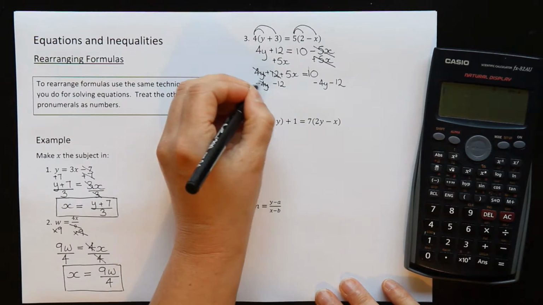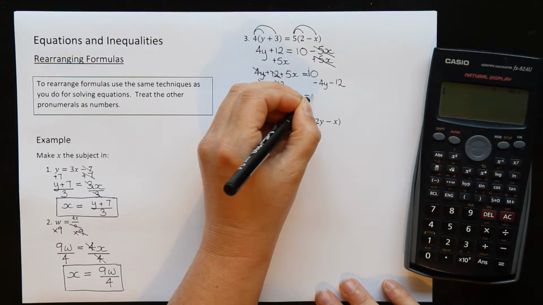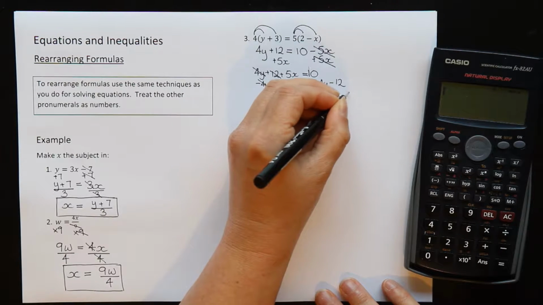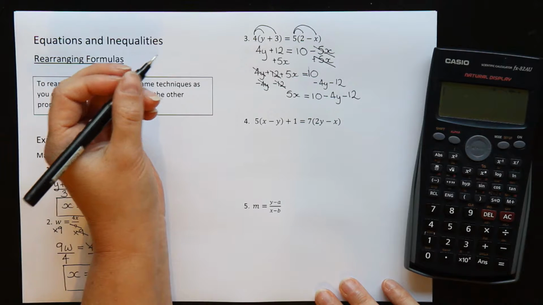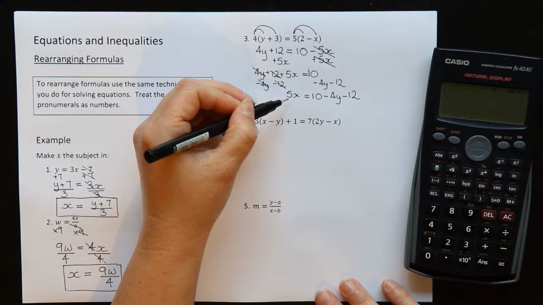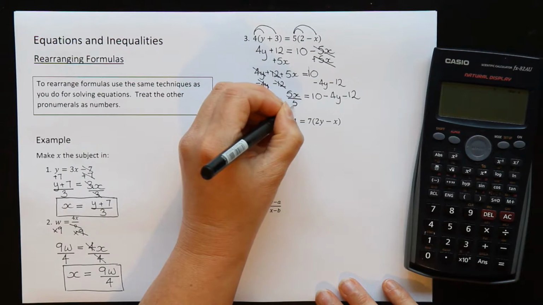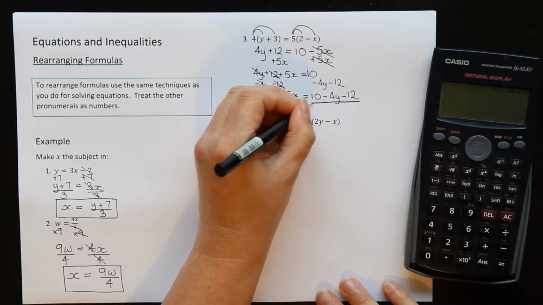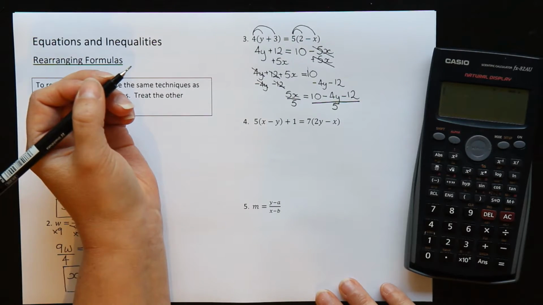So that would leave me with 5x equals 10 minus 4y minus 12. And finally, that just means I have a 5 here to get rid of, so that the x is by itself. So I want to divide by 5, which means I divide all of this, because whenever you divide, you have to divide everything. So divide everything by 5.